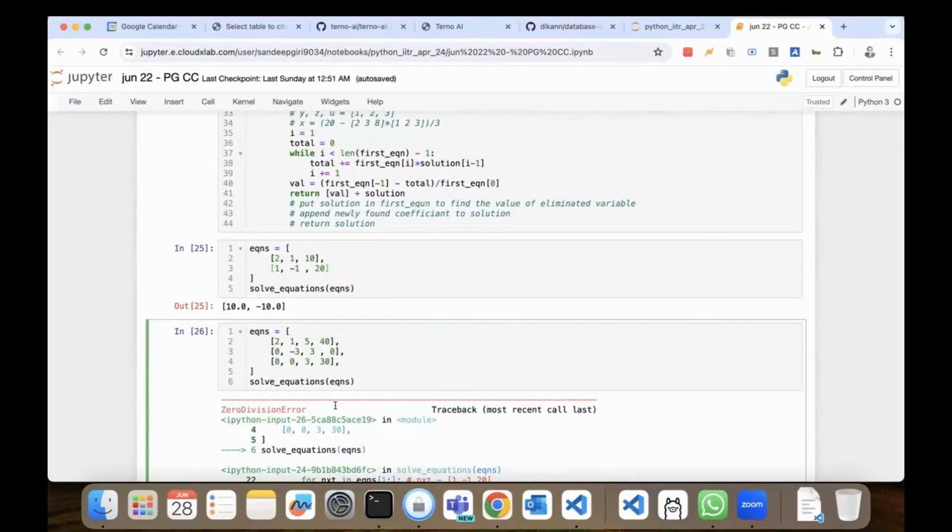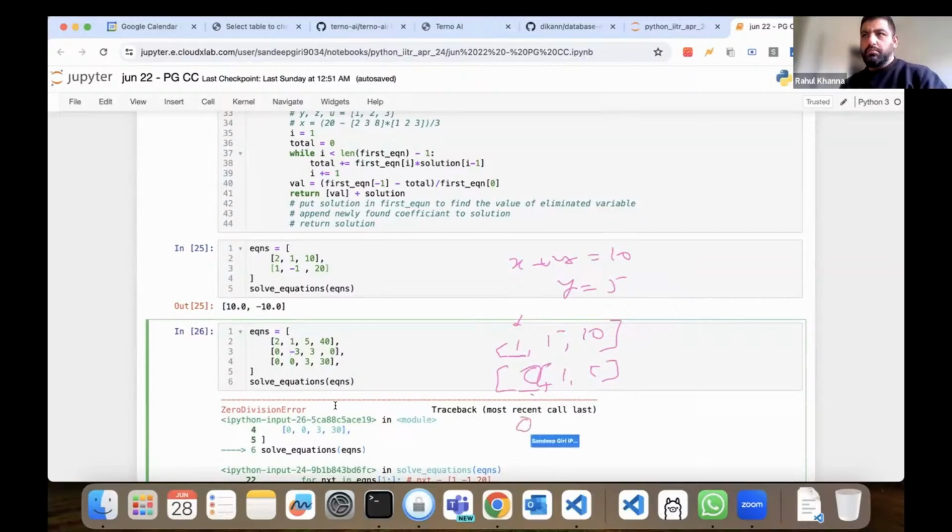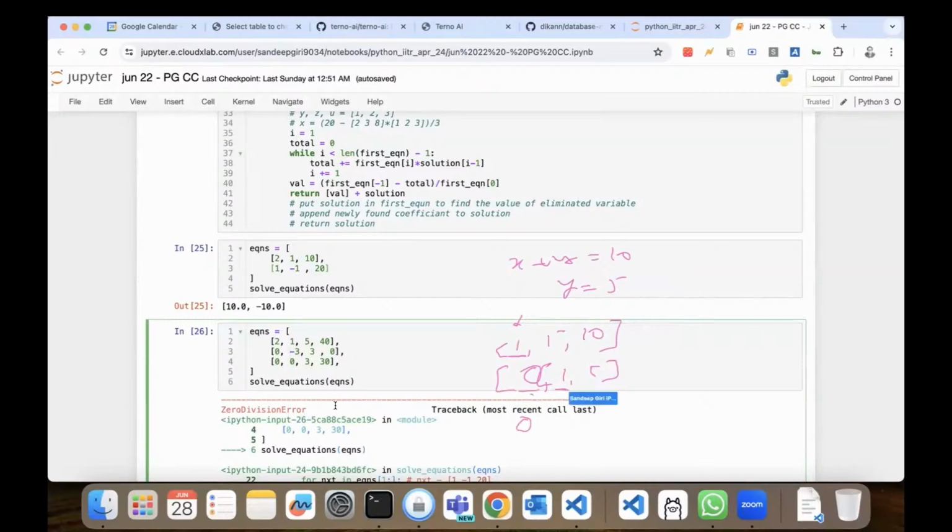So if you have, let's say, two equations, x plus y equal 10 and y equals 5, we can represent it like 1, 1, 10, and this is 0, 1, 5. Now, this is anyway 0, right? So we are saying this divided by 1, that's my multiplier. So multiplier turns out to be 0. And what we do is this minus 0.